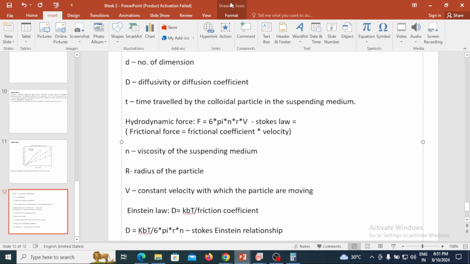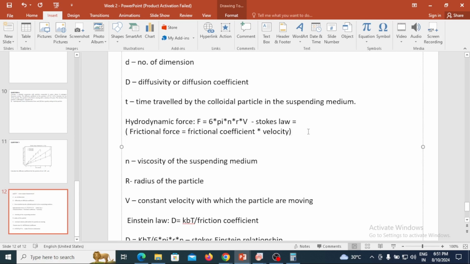Using these two expressions, we get the diffusivity as kBT divided by 6 pi eta r, the Stokes-Einstein relationship. Let me write this here also.